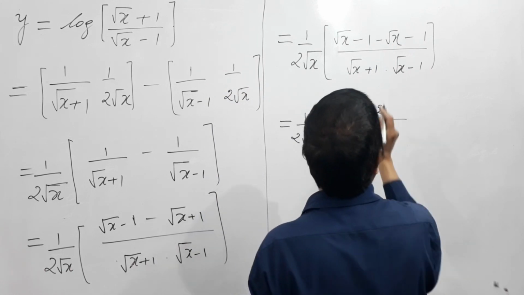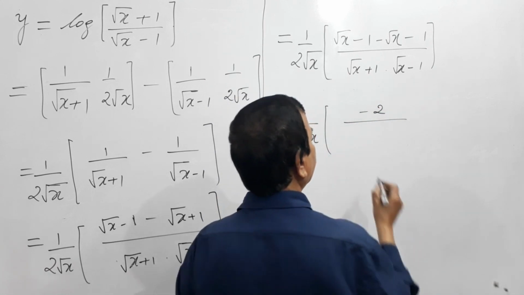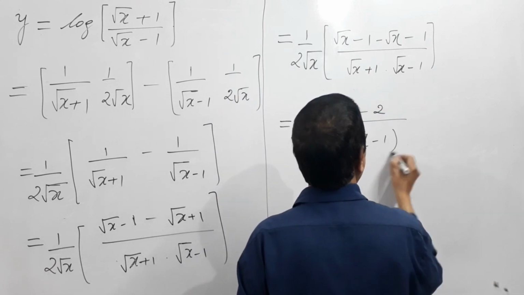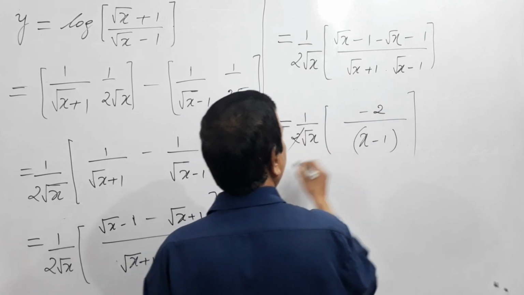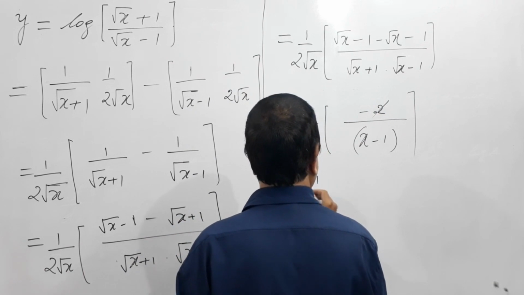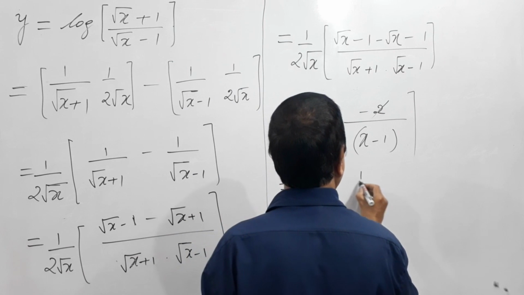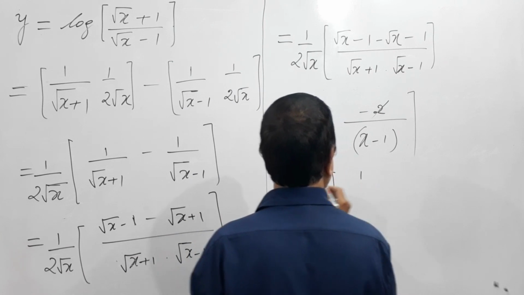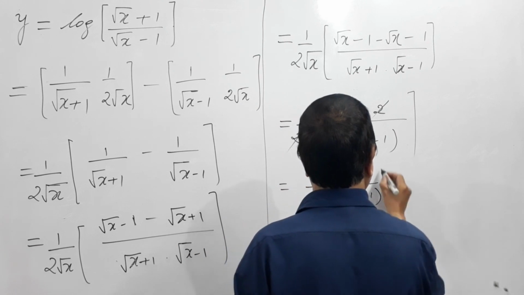by, this is a plus b into a minus b, so that becomes x minus 1. So this 2 and this 2 cancel. We are left with 1 by root x into 1 by minus 1, I put that as minus 1 by x minus 1.